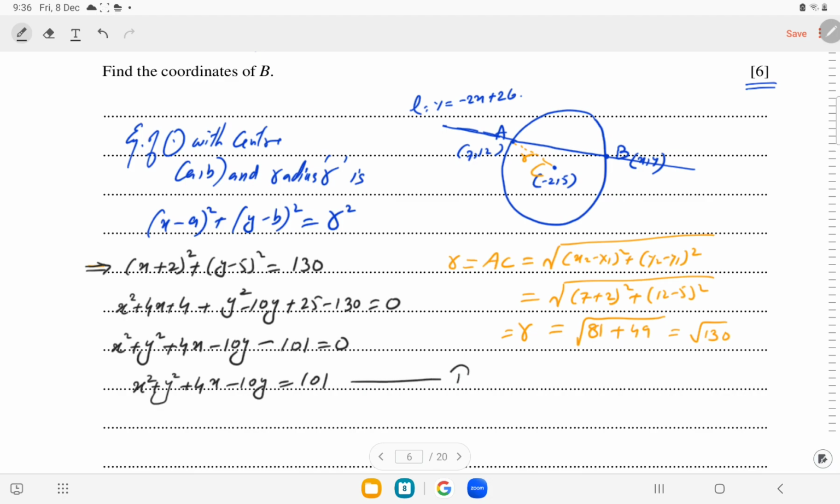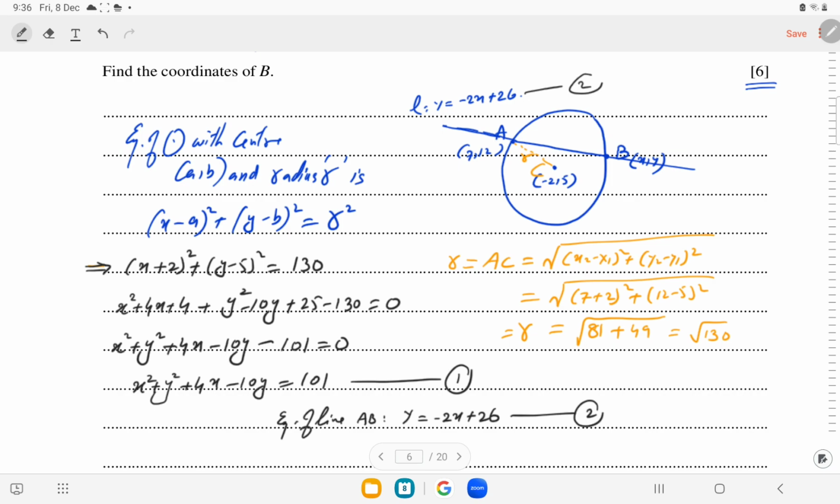We can make it equation 1. And the equation of line, that was given to be this one here, the equation of line AB is y equal to minus 2x plus 26. We can make it equation number 2.